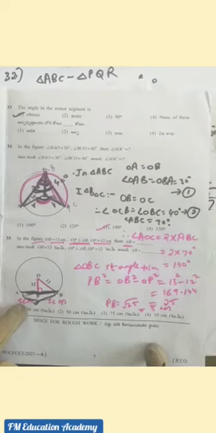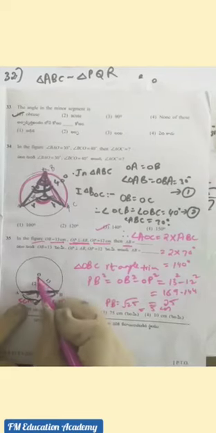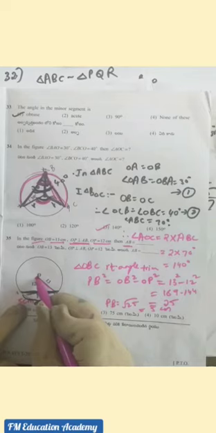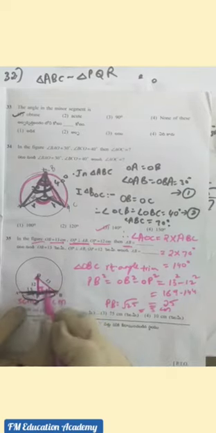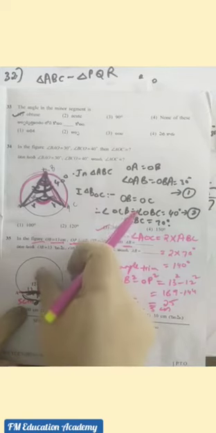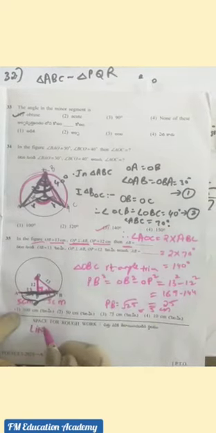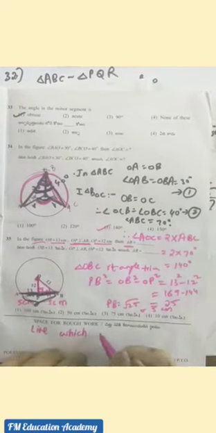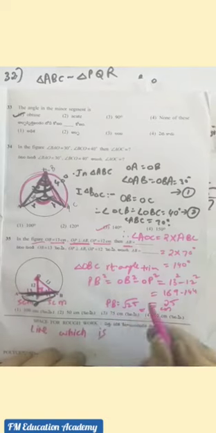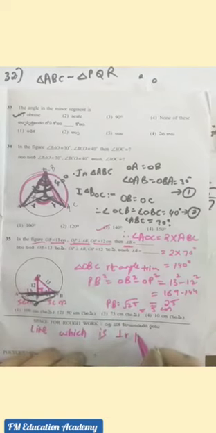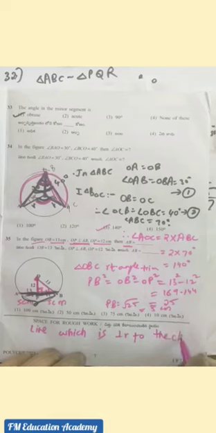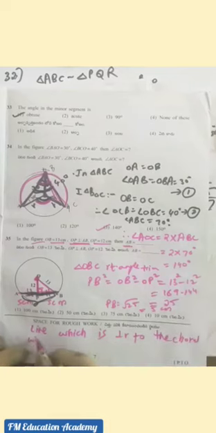Why? Because remember, whenever a line is drawn from the center of a circle perpendicular to a chord, it will bisect it into two equal parts. Bisect means dividing it into two equal parts.